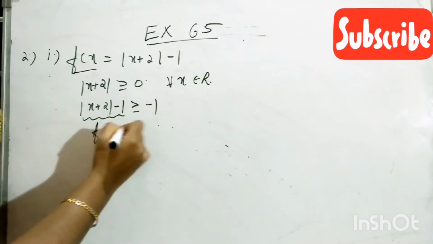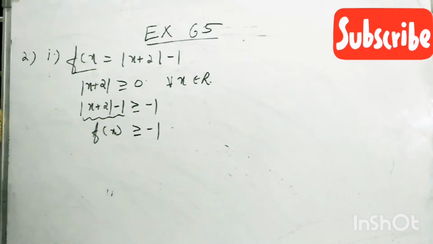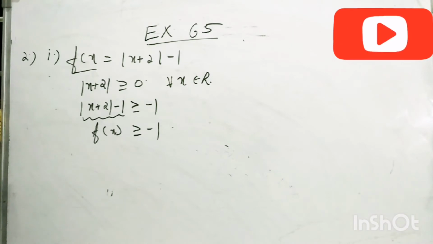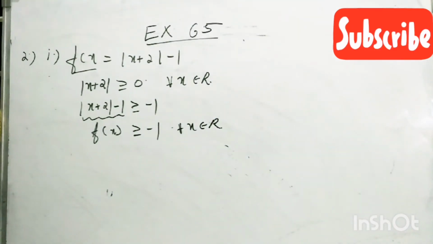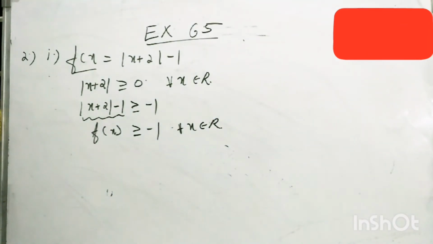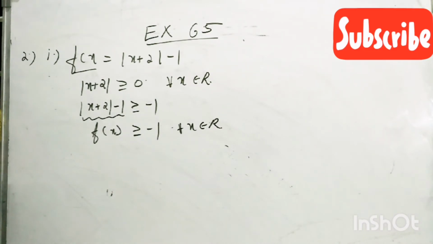So we got f of x is greater than or equal to minus 1 for all x belongs to our real number set. Therefore, the minimum value of our f of x is minus 1.